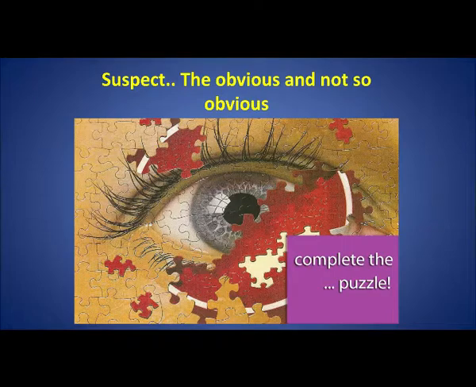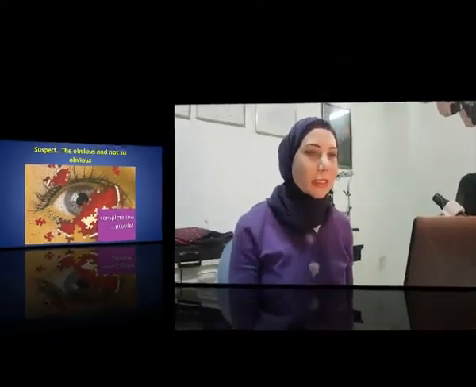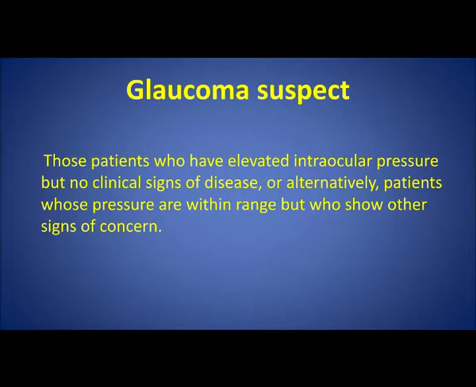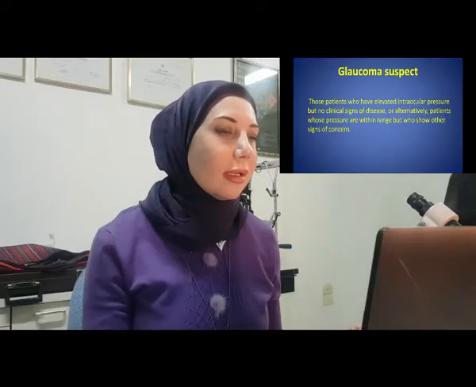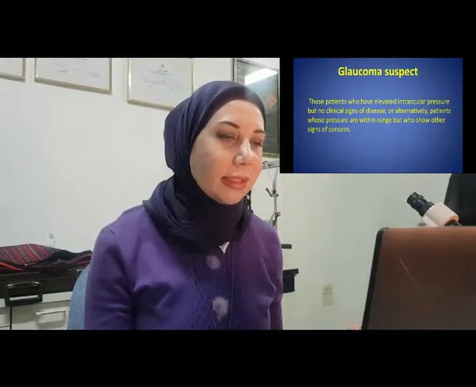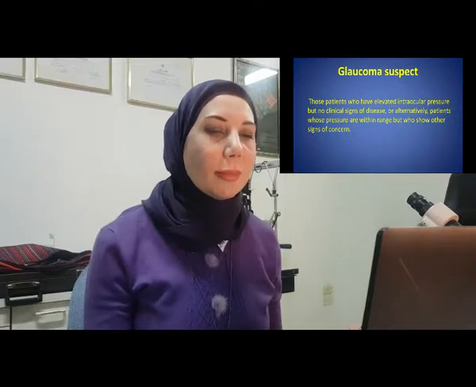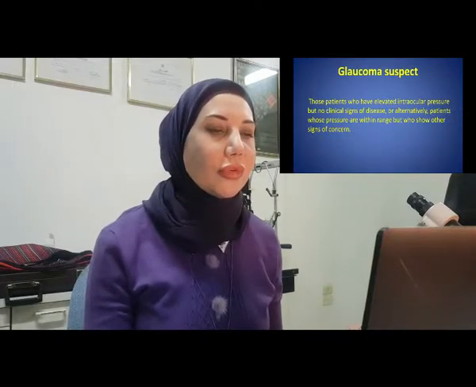First, what is suspect? Suspect is obvious, but not so obvious. We need to complete the puzzle. Glaucoma suspects are those patients who have elevated intraocular pressure but no clinical signs of disease, or alternatively, whose pressure is within the range but who show other signs of concern.